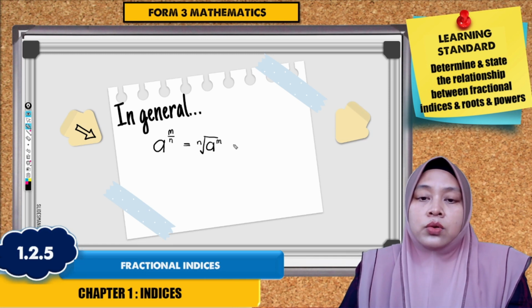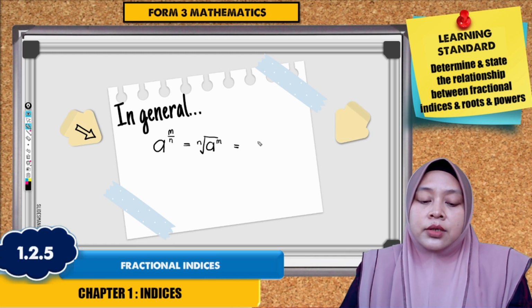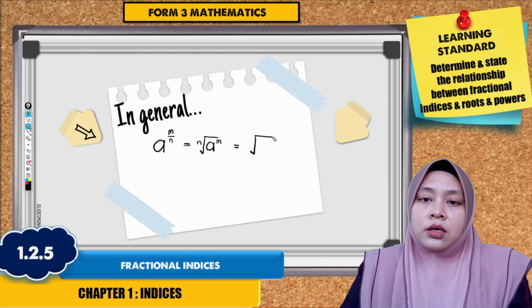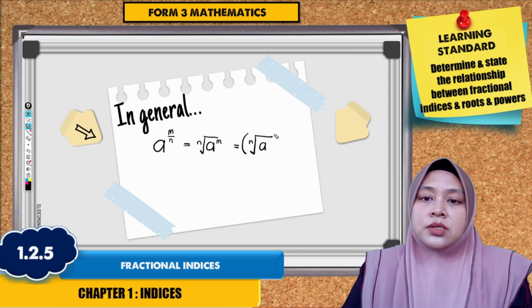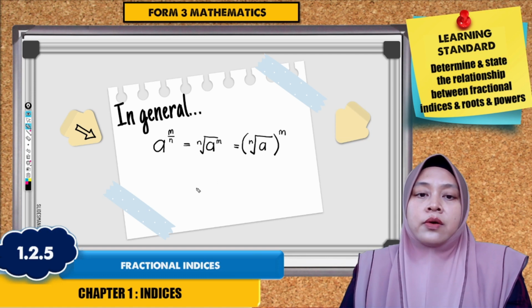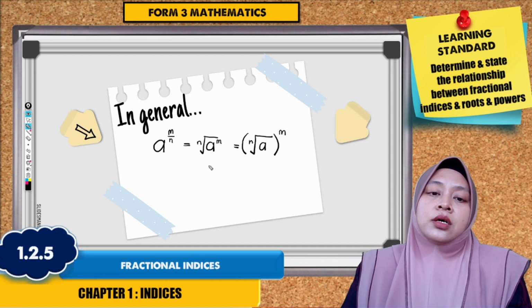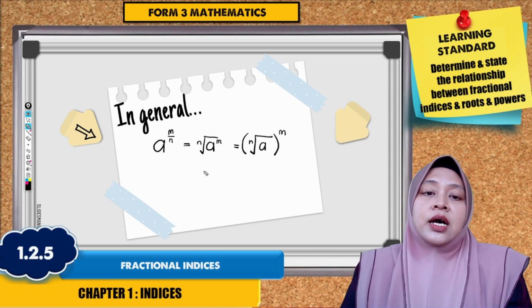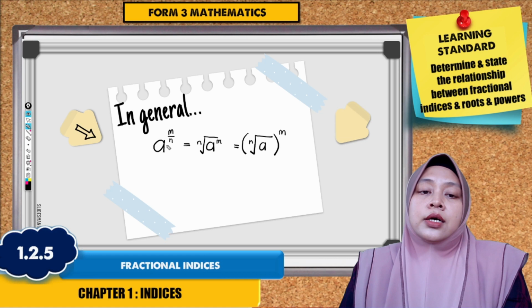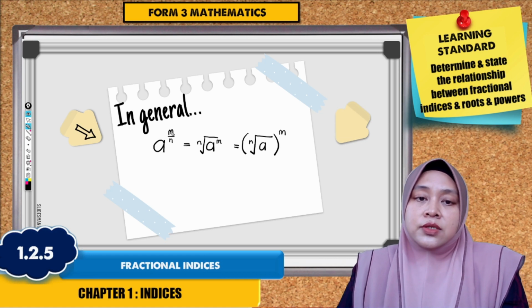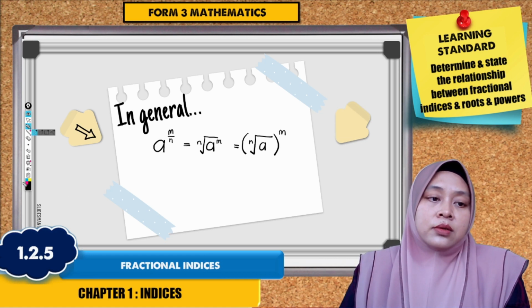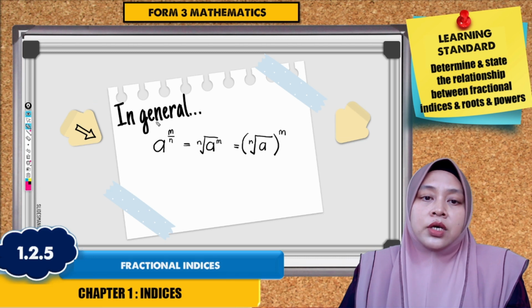Or you can also write it as the nth root of a, in parentheses, to the power of m. This is the main formula that you will use after this. I hope you can follow this formula.